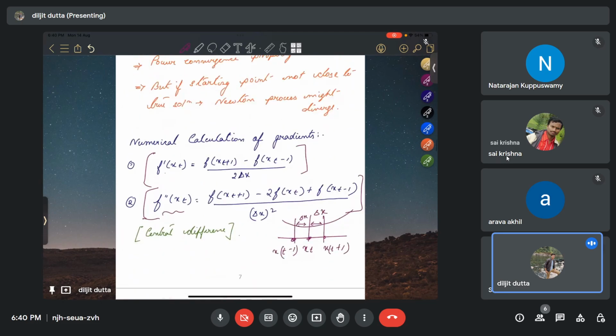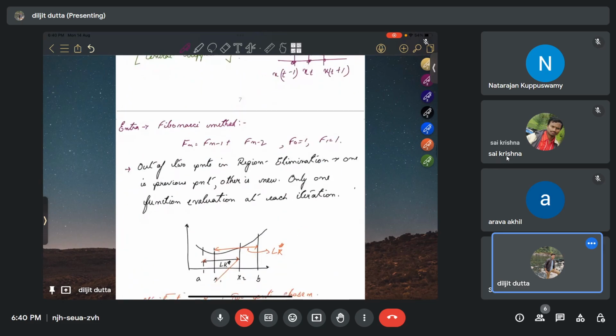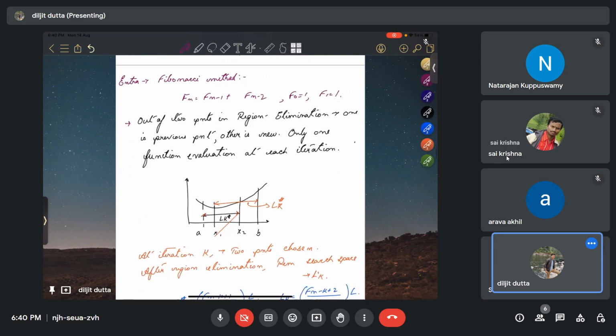Okay, I hope the Newton-Raphson method is clear. And there is one final method which is called the Fibonacci method, and it is based on the Fibonacci sequence. So what is the Fibonacci sequence? The Fibonacci sequence is given by this formula, that is f of n is equal to f of n minus 1 plus f of n minus 2.